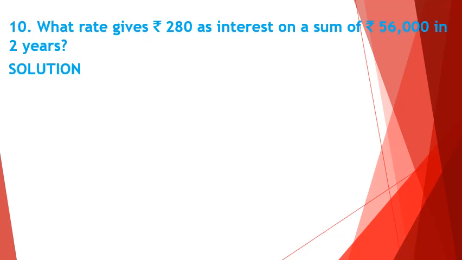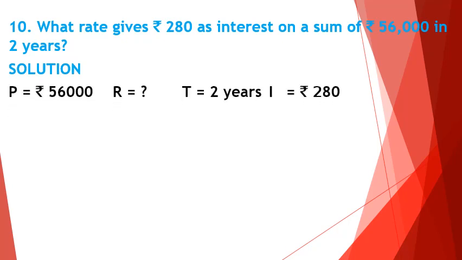Rupees 280 as interest. That means interest is given as rupees 280 on a sum of 56,000. Sum means principal. Principal is given as rupees 56,000. We have written that also. In 2 years means time equal to 2 years.